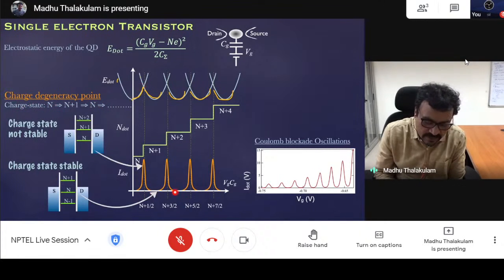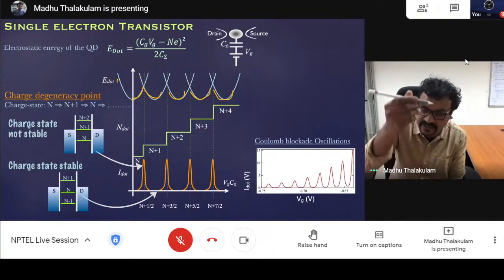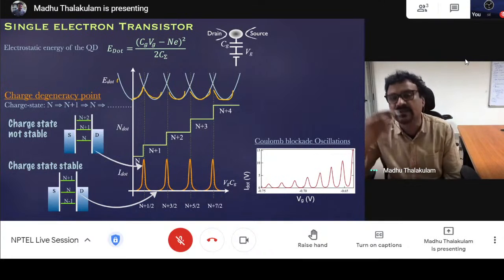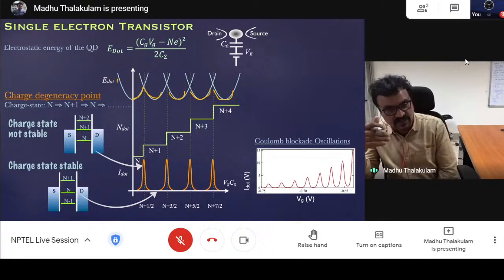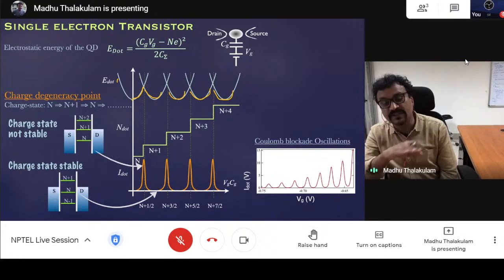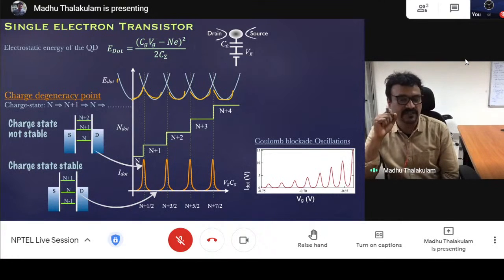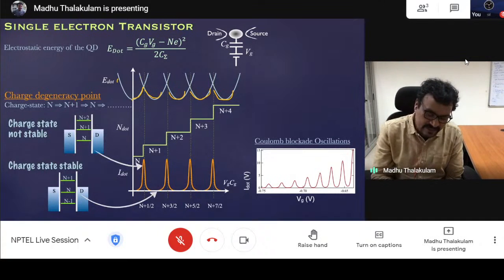Similarly, if you go further, the next level you can pull in, and the next, and you can pull all these electrochemical potential levels in sequentially by sweeping the gate voltage, which is connected to the dot.